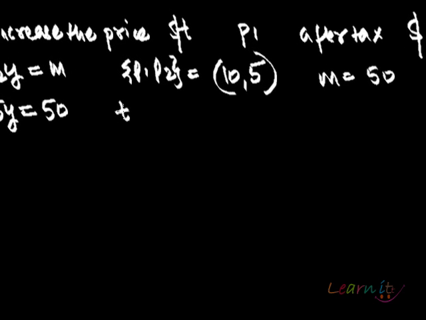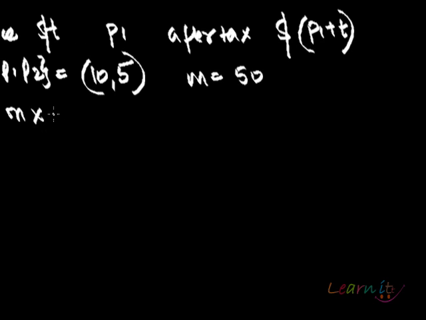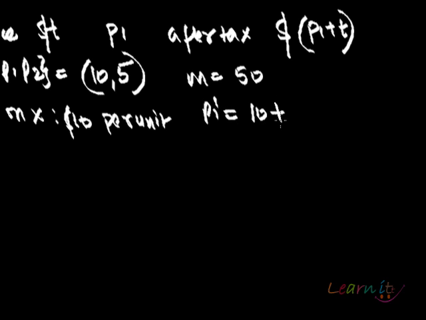Now there is a tax on x of say $10 per unit. So P1 dash would be 10 plus 10, that would be 20.